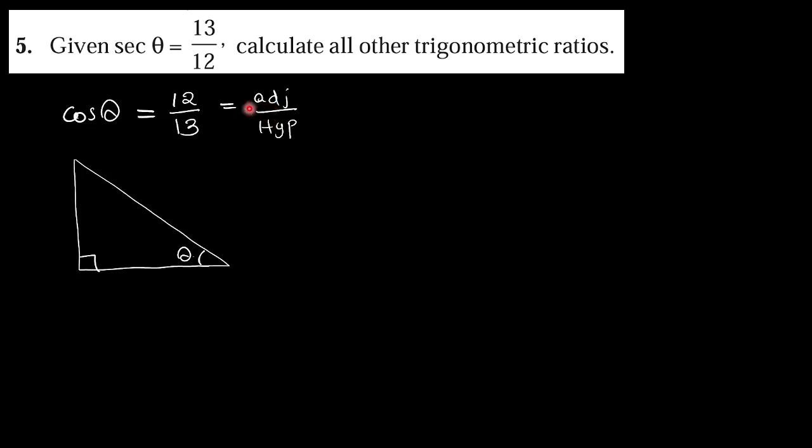So what I am saying is, this does not mean that the adjacent side is 12. This means that the adjacent side will be some multiple of 12. It is not necessary that the adjacent side is 12. Adjacent side will be some multiple of 12, generally written as 12k. This ratio equal to this ratio does not mean that the hypotenuse equals 13.